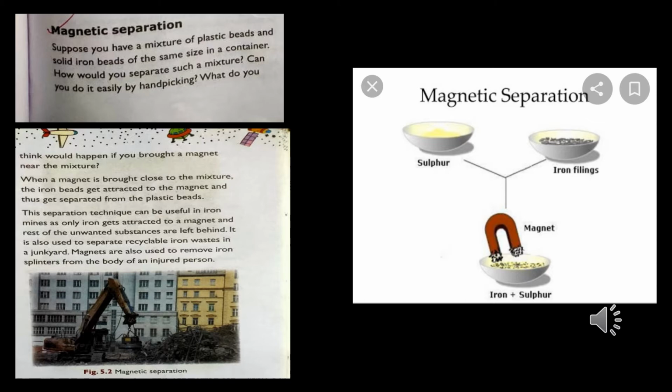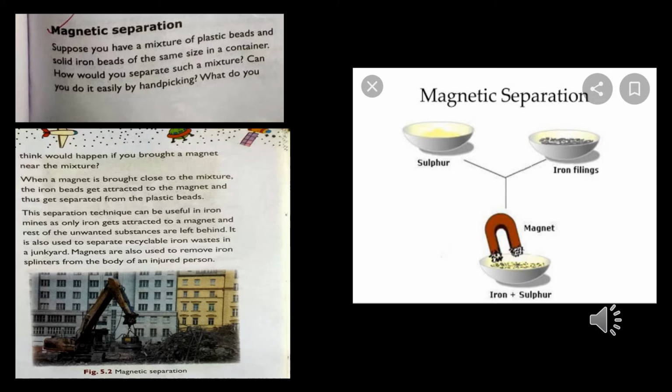Iron is a magnetic substance, and what are magnetic substances? The substances that are attracted towards a magnet. So as iron is a magnetic substance, it will definitely be attracted towards the magnet, and hence we will get only the magnetic substances from our junkyard.